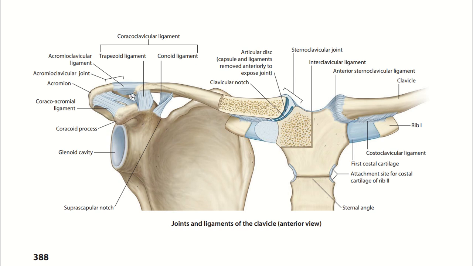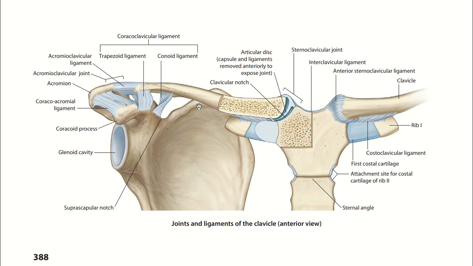The joint, since it's a synovial joint, is lined by synovial membrane, which lines the capsule and also the articulating cartilages of the acromion and the lateral end of the clavicle.